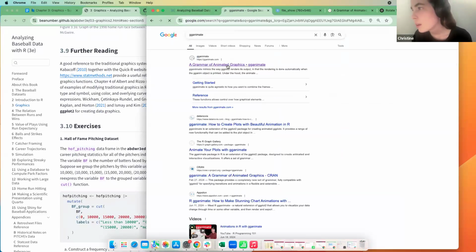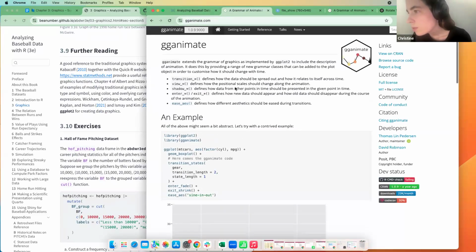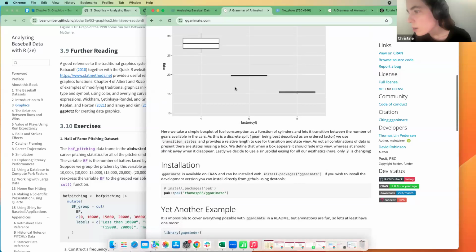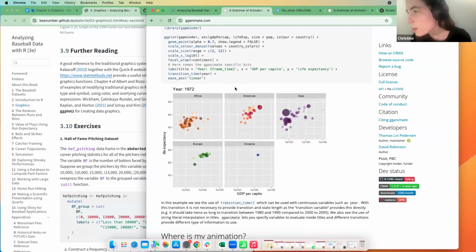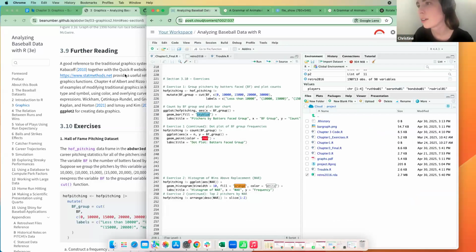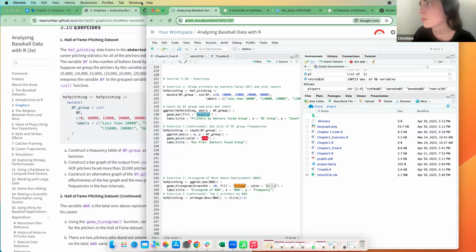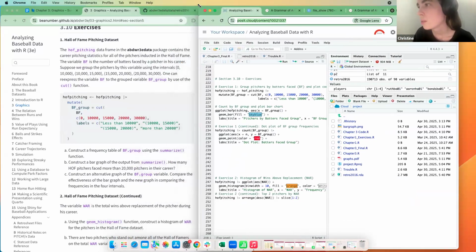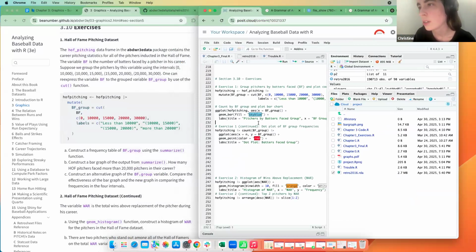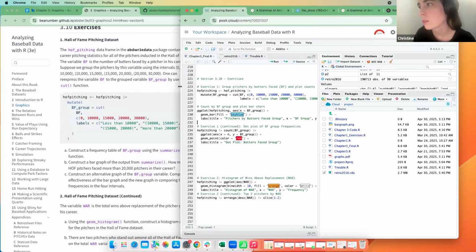And I know there's some cool graphics that I've seen before. But my R kind of gave up on me. Cool. Yeah, maybe we can dive a little bit into some of the exercises.